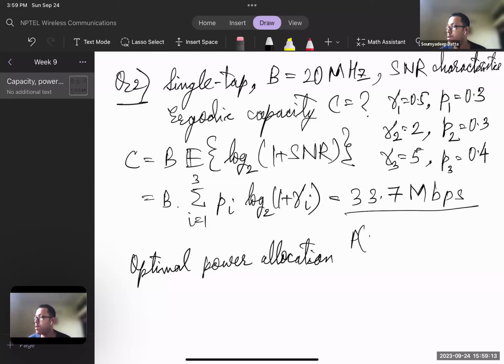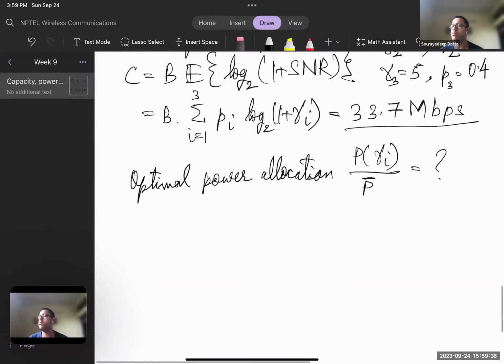So you have some average transmit power constraint, which is P bar. Normalizing by that, this is what your average power should be. If you normalize by that, what is the power that you will use to transmit with each SNR state?